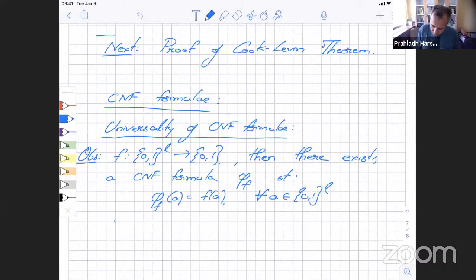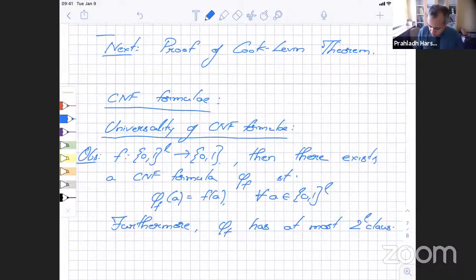And furthermore, the phi f has at most 2 to the L clauses with L literals each.